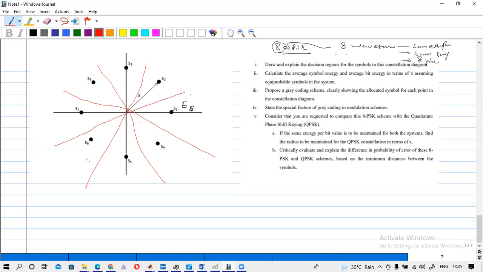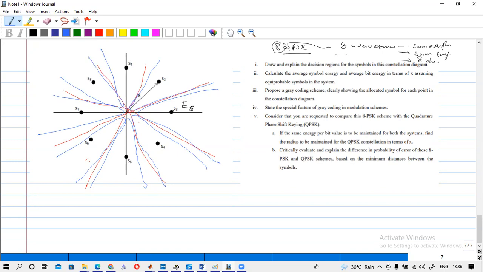These are the decision boundaries, and the decision regions will be this. I think if you draw the decision boundaries, it is enough, because using the boundaries we can verify what the decision regions are. If you have drawn the boundaries, it also defines the regions.